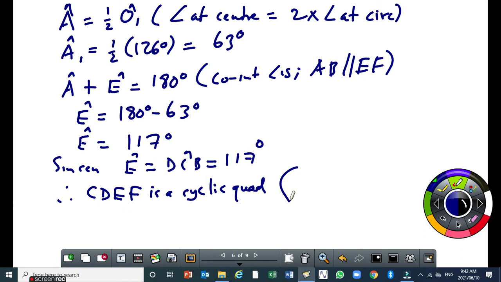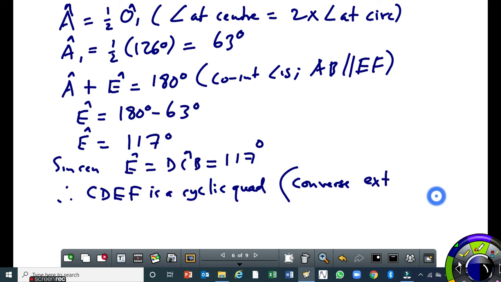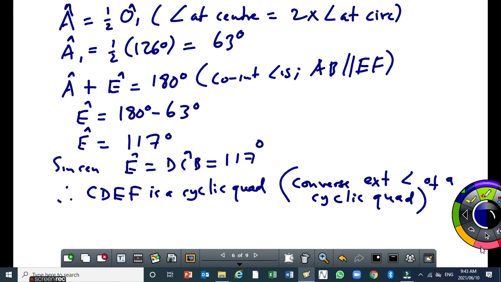Then you give a reason. Why are you saying it's a cyclic quad? It will be converse exterior angle of the cyclic quad. So that word converse is very important. If you don't write it down, your answer will be incorrect. That word converse there is extremely important.